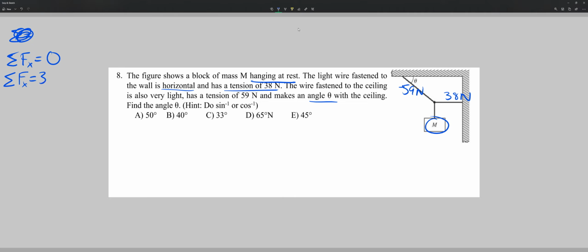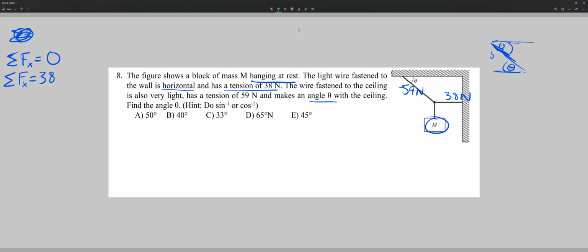Well, we know we have a horizontal force of 38 newtons to the right, so I'm gonna put 38 there. But what's my horizontal vector in the opposite direction? Because we have a tension of this rope at an angle. We know that both of these angles are the same.